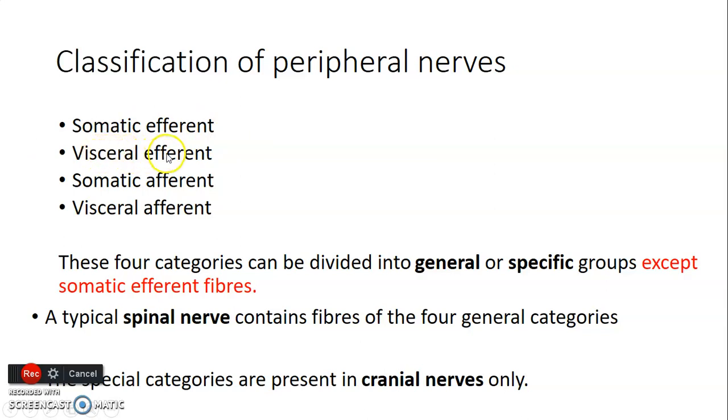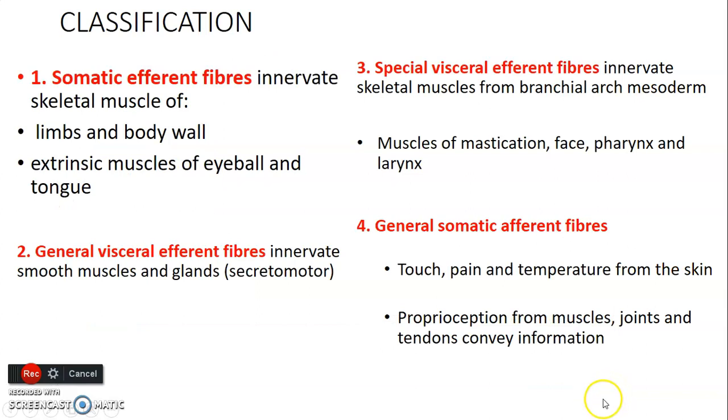A typical spinal nerve will contain fibers of the four general categories, and the special categories are present only in the cranial nerves. Okay, so we start the classification.